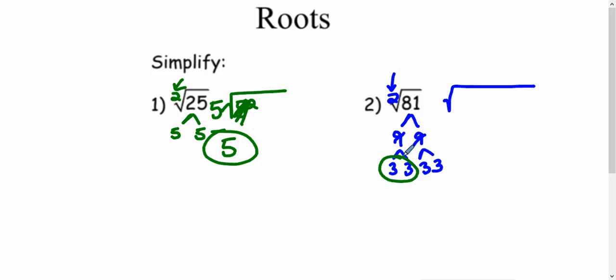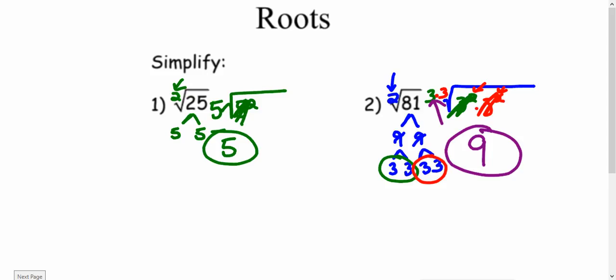Here I have 2 3s, so I can write that as 3 to the second power. Here I have another 2 3s, so that's another 3 to the second power. Every time I have an exponent of 2, I can move that base outside. So here is one base I can move outside, and then it cancels inside. Here's another base I can move outside, and then it cancels inside. So outside, I currently have 3 times 3. And 3 times 3 is 9.